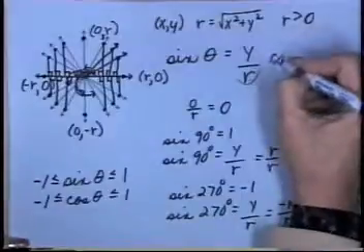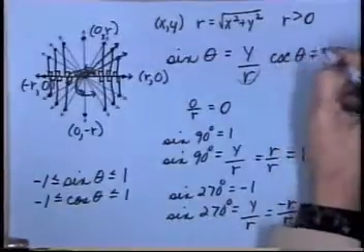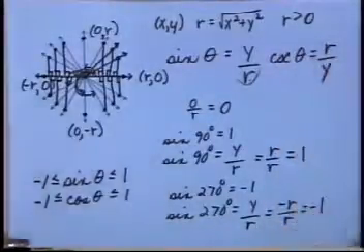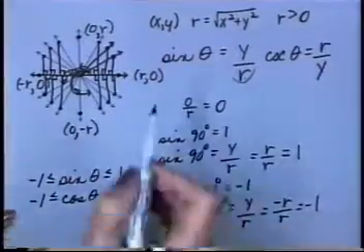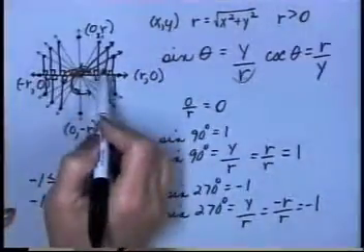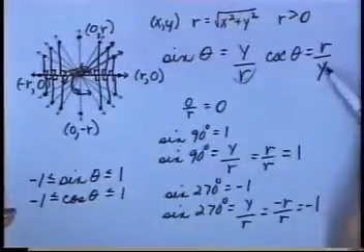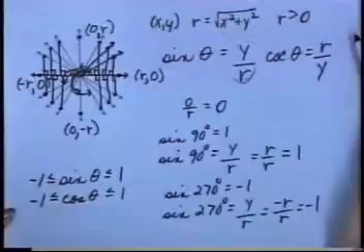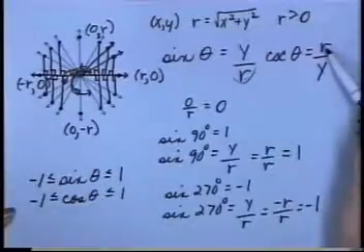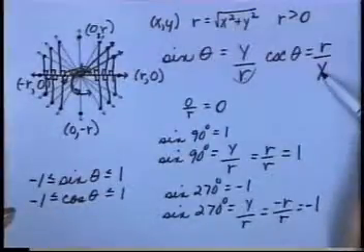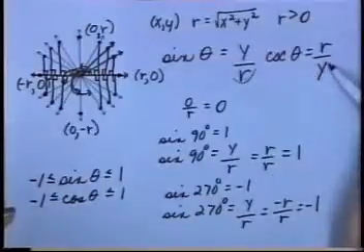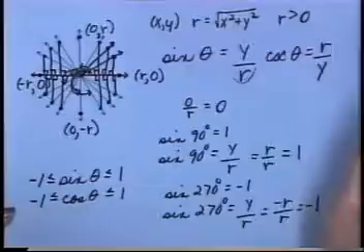I know that my cosecant of theta equals r over y. Well, in every case except at 90 and 270, r was greater than y. So, when the numerator is greater than the denominator, when y is positive, we'll have a positive fraction because we know r is always positive.